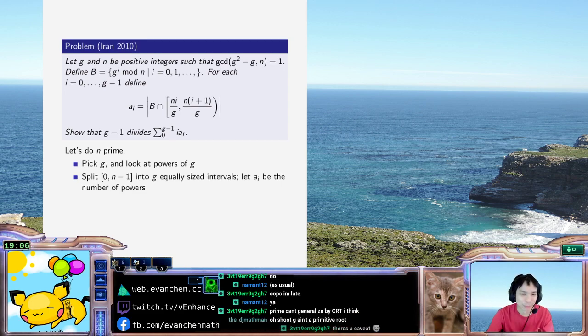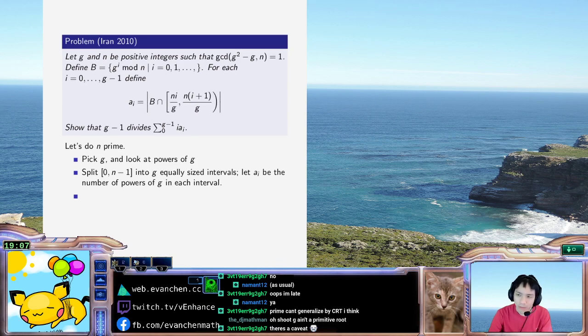Yeah, G is not a primitive root. But it's really weird because your G is your generator, but it's also the number of intervals you break into, which seems very strange to me. My first question is why would you do that, and the second is what are the powers of G in each interval, and then the goal is to show some A_i is nice somehow.